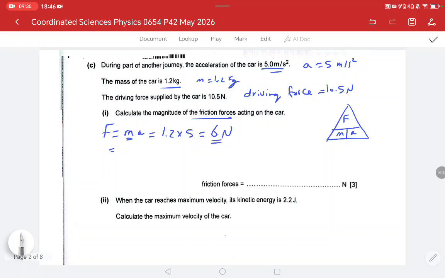So the car actually needs 6 newtons, but the driving force supplied by the car is 10.5.